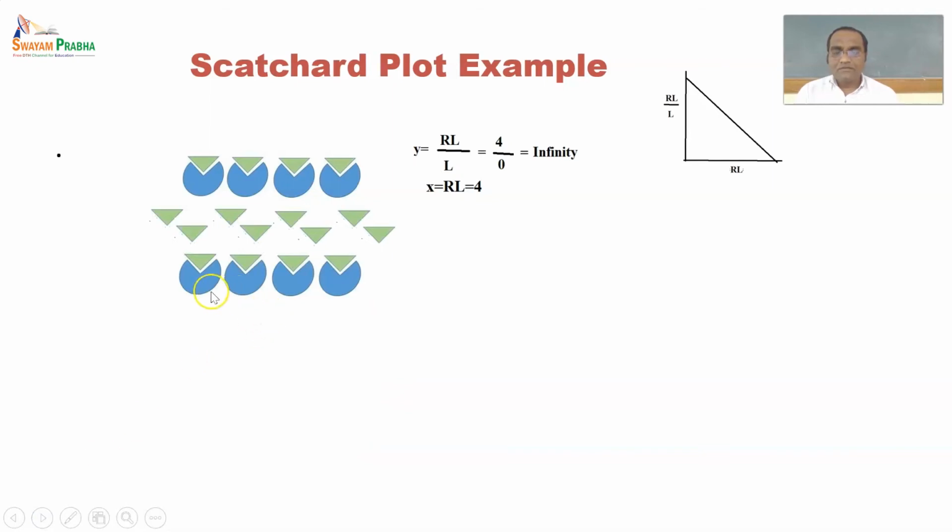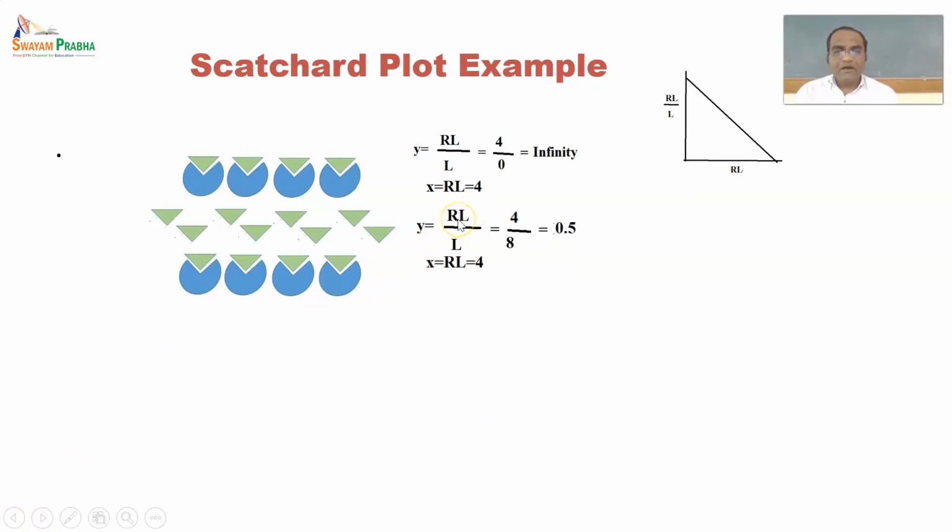Now here you can see that there are 4 receptors, 4 ligands have joined to them, and 8 ligands are remaining. They don't have a binding site now, so they remain free in the biological fluid. Now we come to the equation.